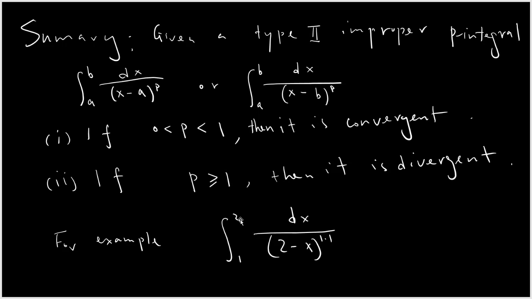It's a p integral. Because the value of p is 1.1, it's not exactly the same as the form in here, but it's still a type 2 improper integral. The value of p is a number greater than 1, so it is divergent, right? So this one is divergent.